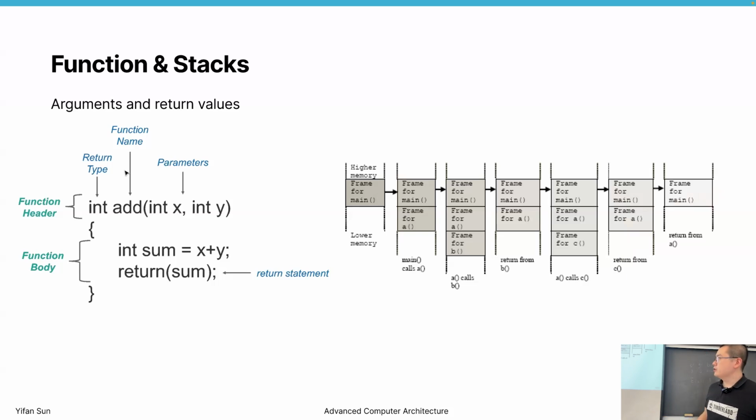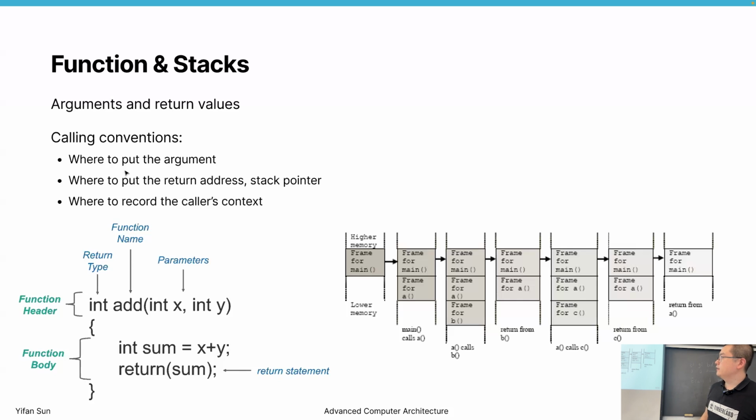So then how RISC-V handles this is that you need to know the calling conventions. The calling conventions are co-determined by the programming language, by the ISA, and by the hardware that you're using. For example, if you're using C, C may have a calling convention, and if you use Go, Go may use another calling convention. These calling conventions may define where we put the arguments.